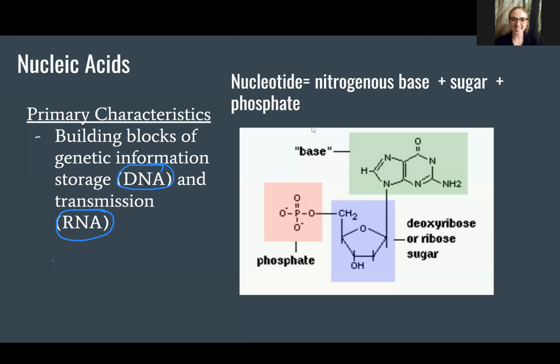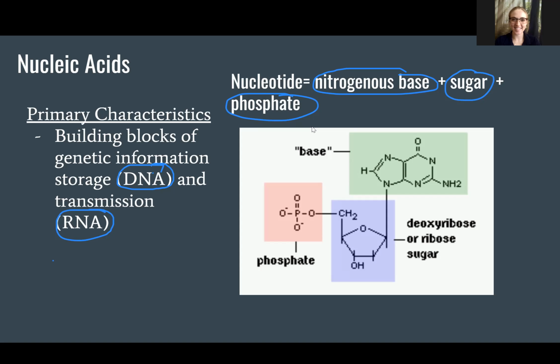monomers, which in this case, the monomers are the nitrogenous base, the sugar, and the phosphate, right? So these monomers are going to make up the larger structure of the nucleic acid. And then the nucleic acid is going to make up the larger DNA and RNA structure, right?